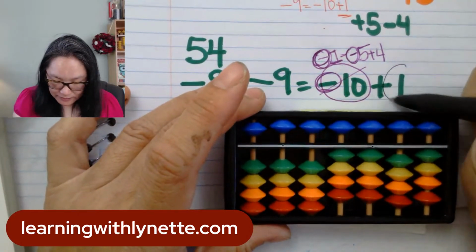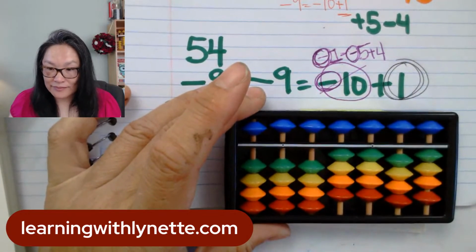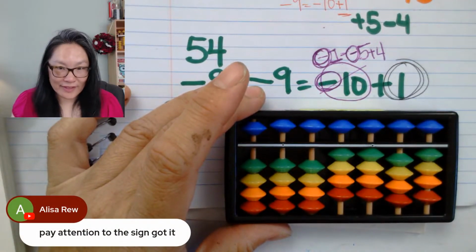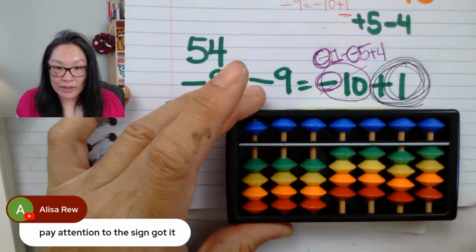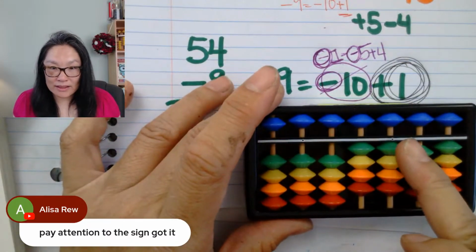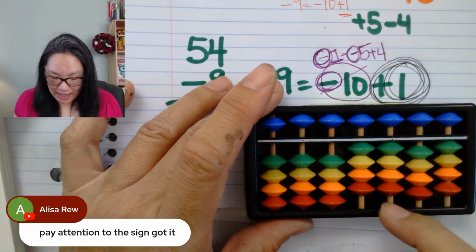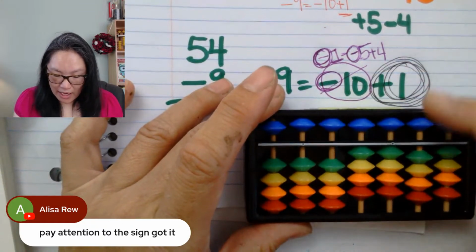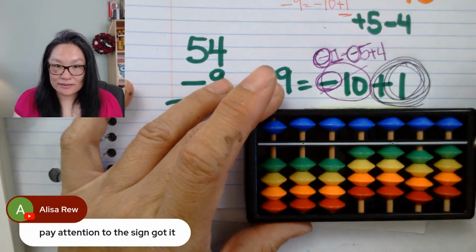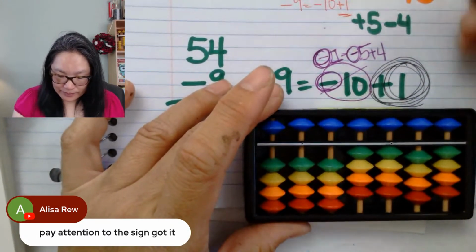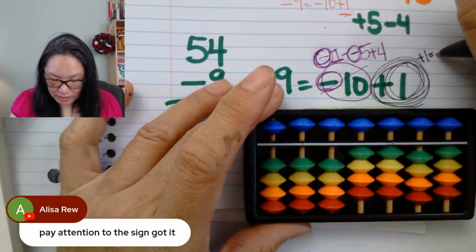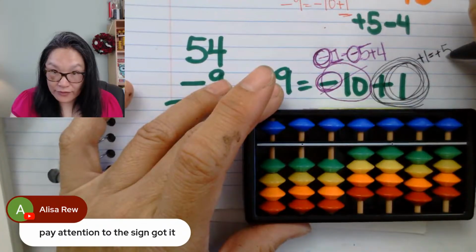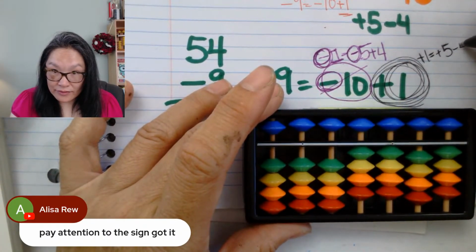Now we're here. Pay attention to the sign. It's always about the sign. So now, can I add the 1? How do you add the 1? Plus 1 is equal to plus 5 minus 4.